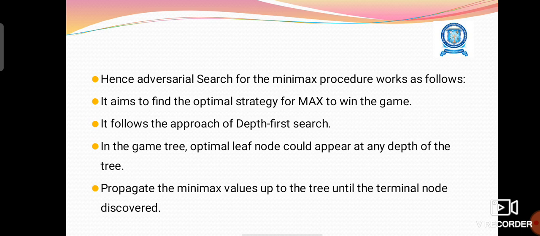Hence, the minimax procedure in adversarial search aims to find the optimal strategy for max to win the game. It follows the approach of depth first search. In the game tree, the optimal leaf node could appear at any depth of the tree. Propagate the minimax values up the tree until the terminal node is discovered.